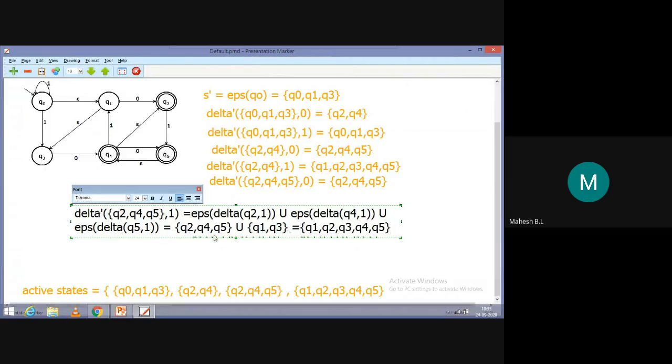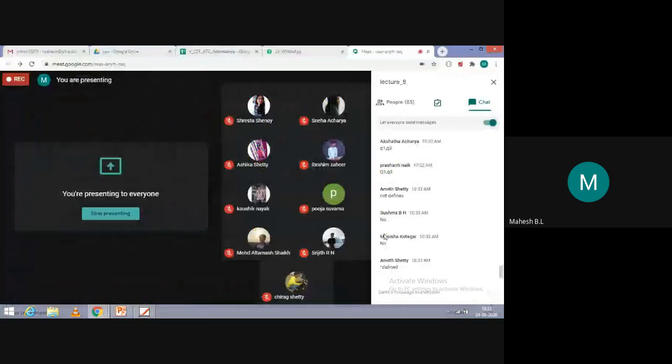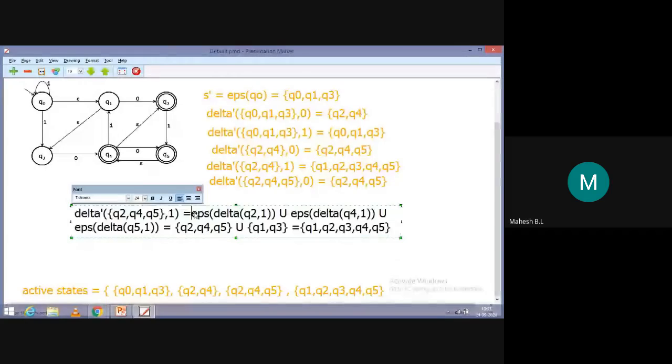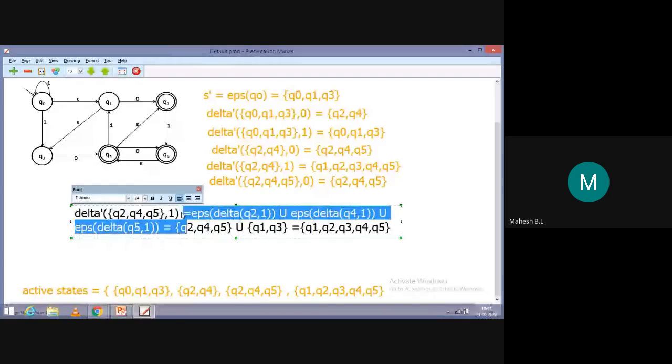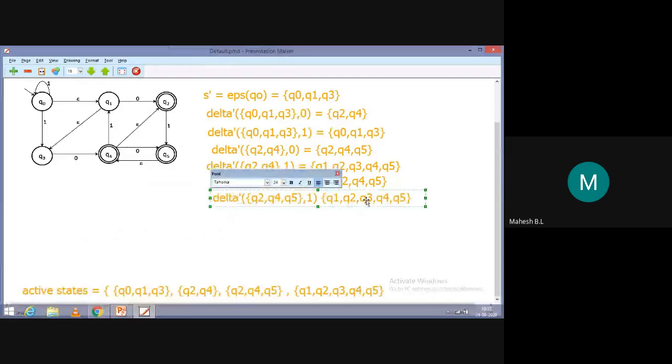This is already there in the set of active states, so you need not add it to the set of active states. I'm going to add it to delta dash. This is nothing but delta dash of Q2, Q4, Q5 on 1.